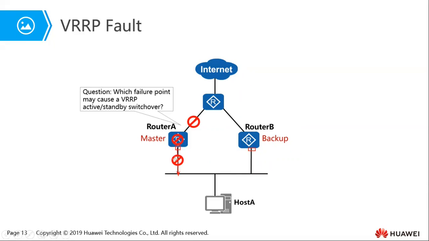Now what we are asking is, when which particular point fails, can we detect that the master is down? Is it point A, point B, or point C here?